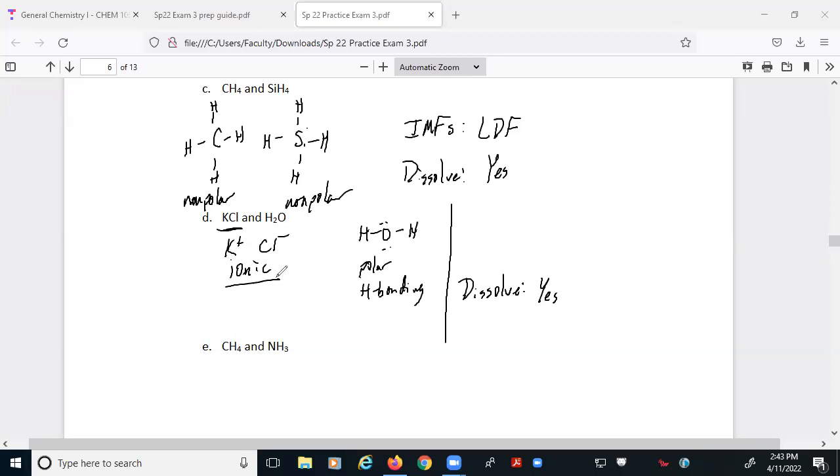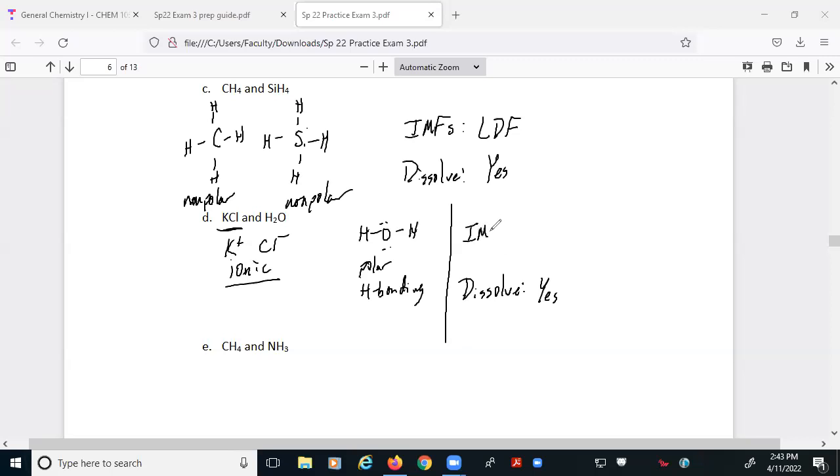Ionic is just an extreme where instead of a partial positive and a partial negative, it's completely positive and completely negative. If this didn't happen, water wouldn't be considered the universal solvent. Salts have to be able to dissolve in water. We know that they dissolve in water. Ionic compounds are salts. So yes, these two will dissolve in each other.